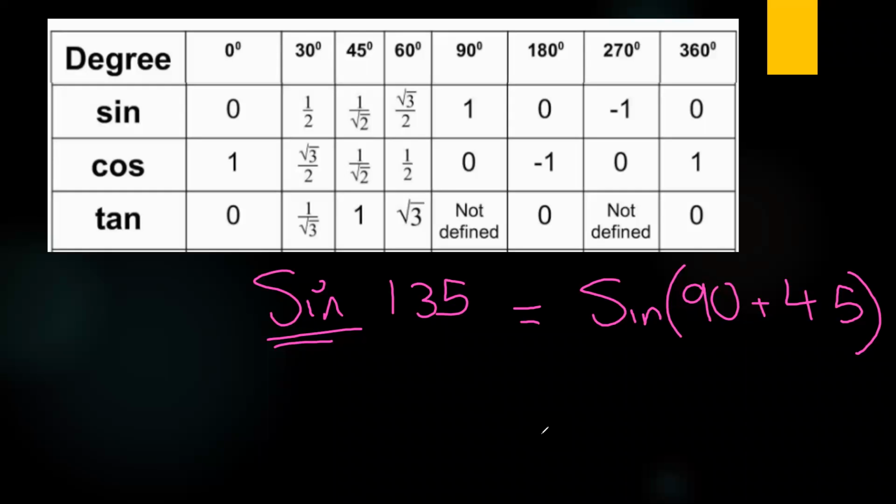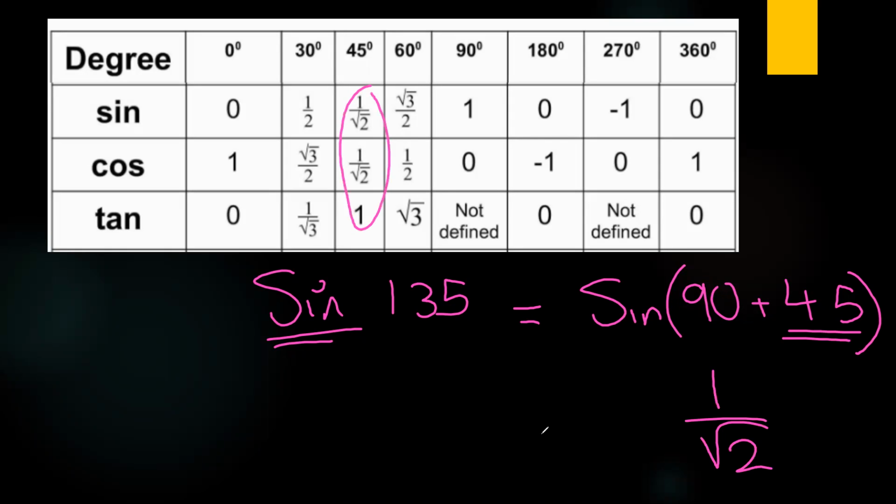That means it has the same value as sine 45, which is 1 over square root of 2. But since it is in a quadrant other than quadrant 1, you have to be careful where the sine is positive, where it is negative, and where the cosine is positive or negative.